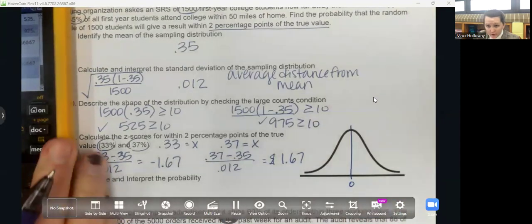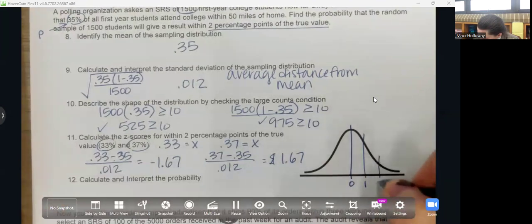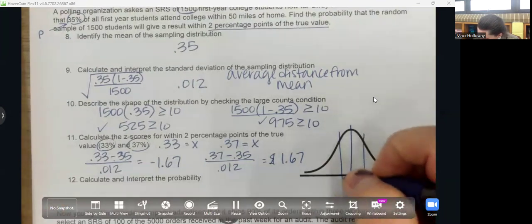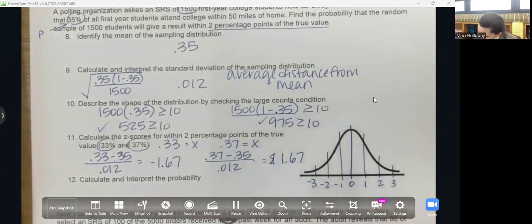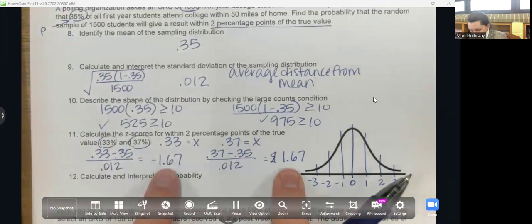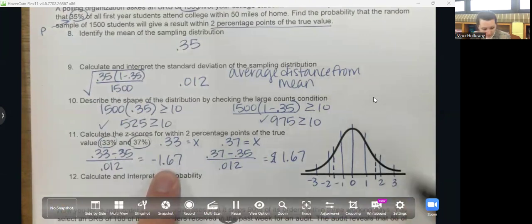So when I draw our graph here, we have 1 standard deviation, 2 standard deviations, 3, and negative 1, negative 2, negative 3. What I'm saying is I want to know the percent of students that fall between these two percentage values. So positive 1.67 would be here.